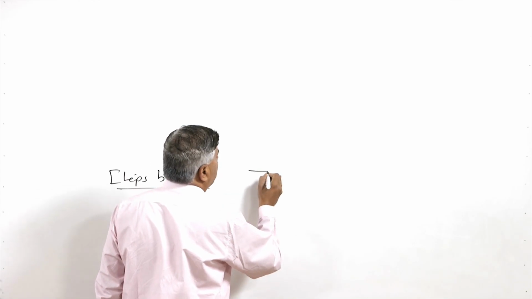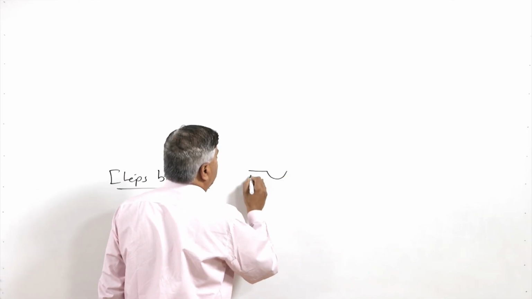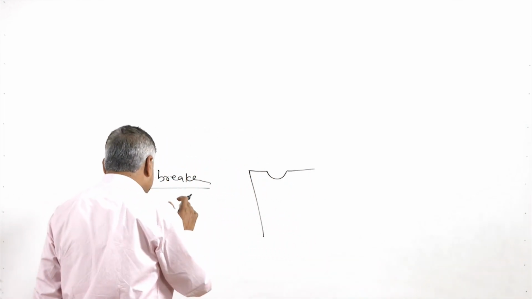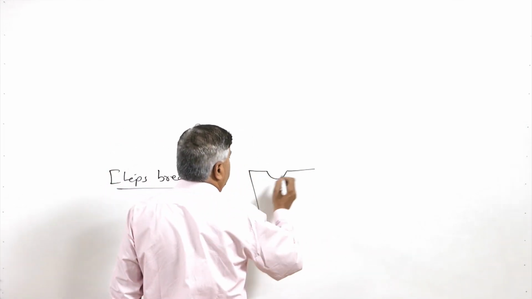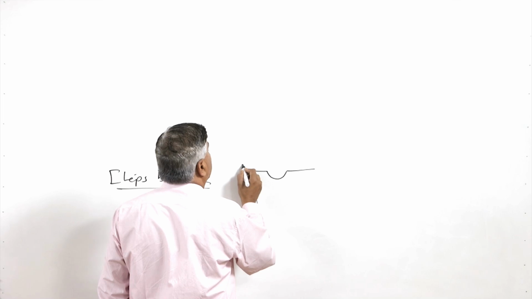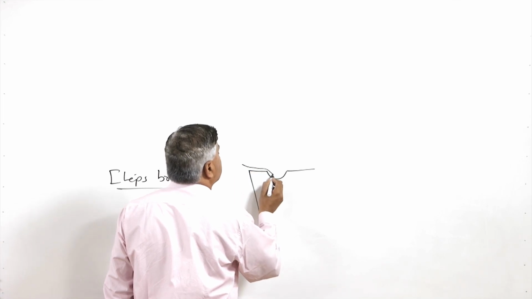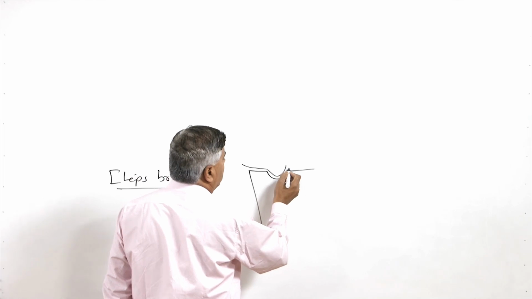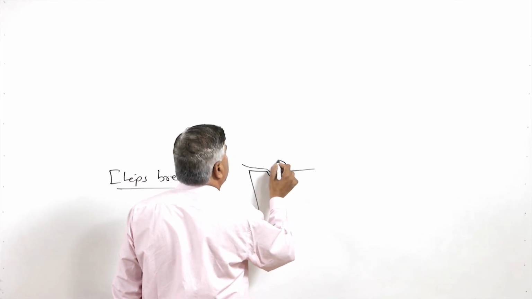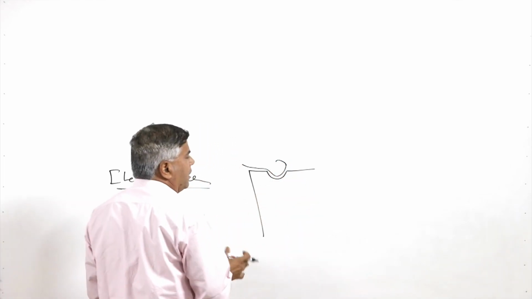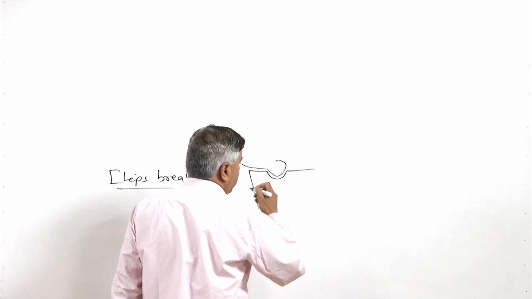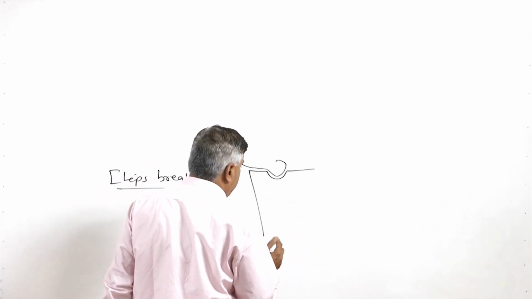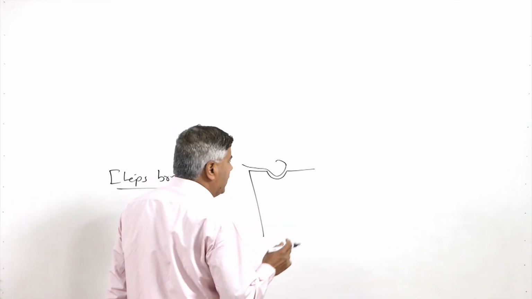One is wherein a gap is made. After getting removed from the workpiece, the chips will move through this gap, and then they will be broken or curled back, and this avoids the formation of unnecessary lengthy chips.